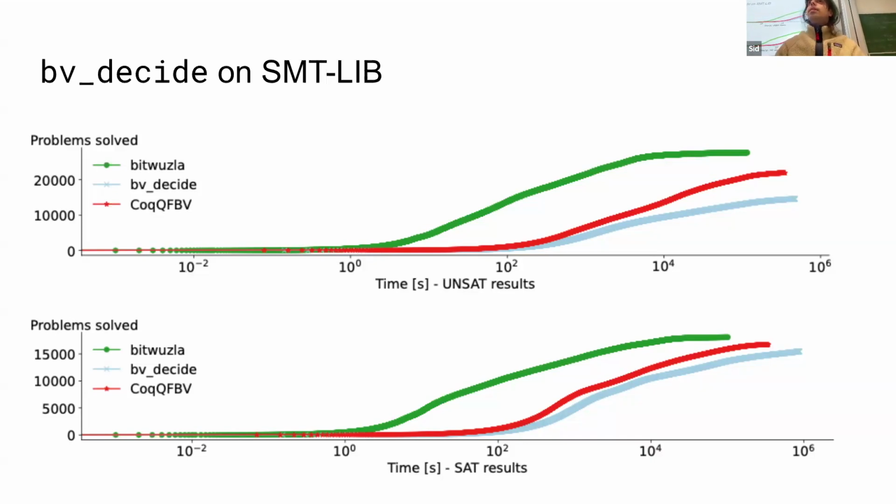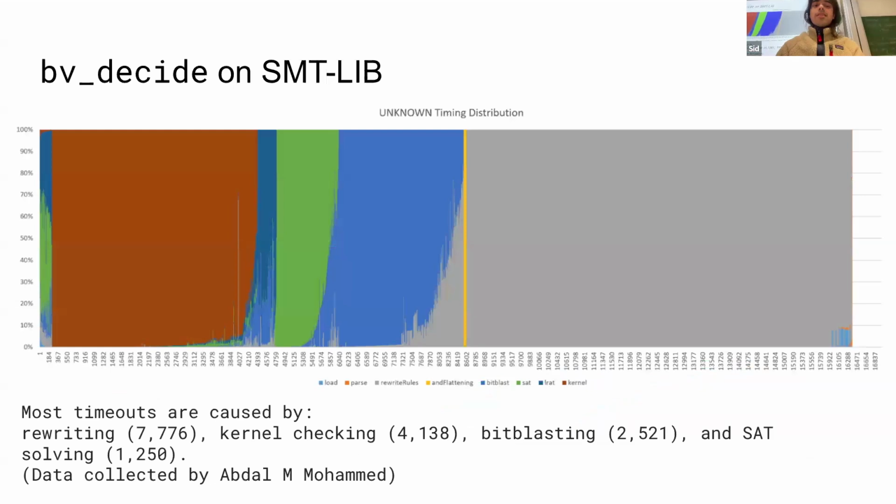That means we generate much poorer SAT formulae. And then the other thing is that sometimes the certificates are so large that on 4,000 of the problems or something, we just time out inside the kernel, because the kernel takes a bunch of time checking our unsat proofs and then it gives up.